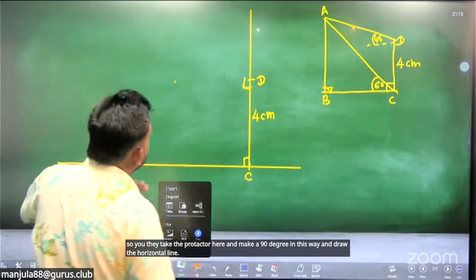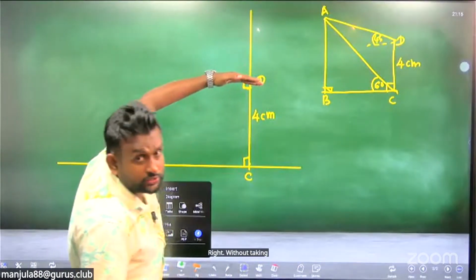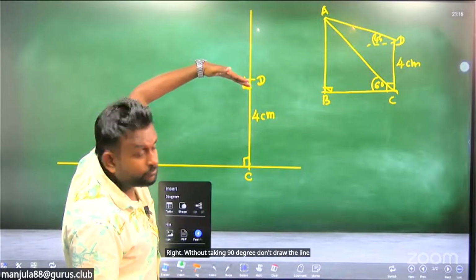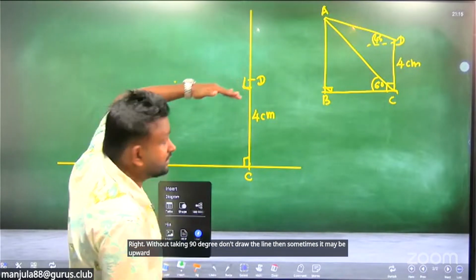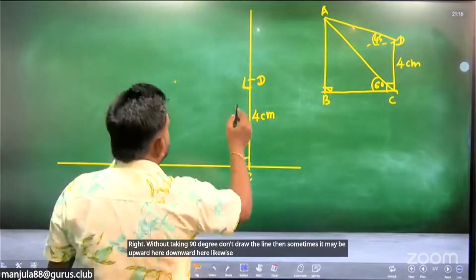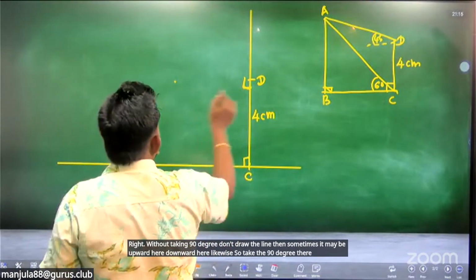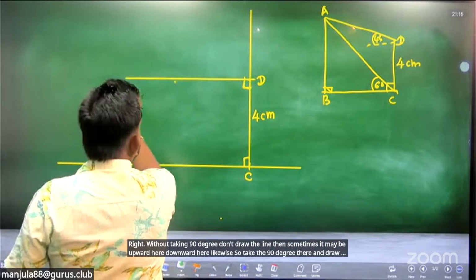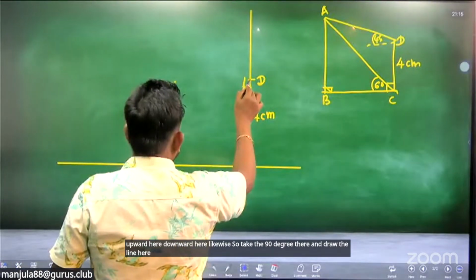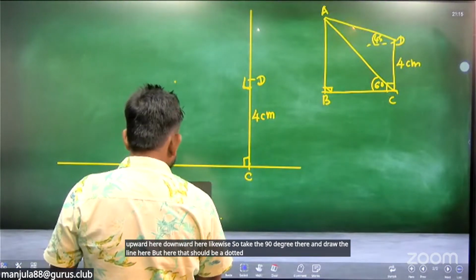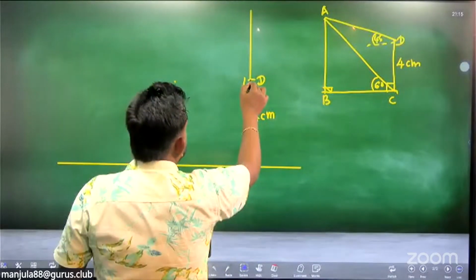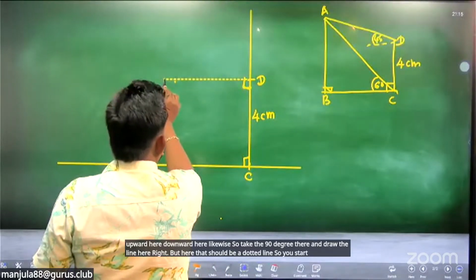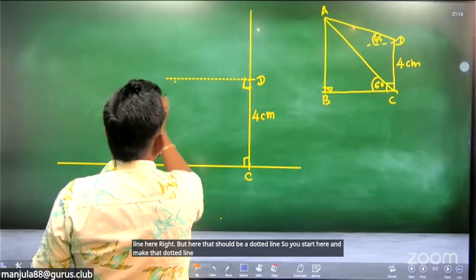Without taking 90 degrees, don't draw the line, because sometimes it may go upward or downward. Take the 90 degrees there and draw the line here. But this should be a dotted line, so you start here and make that dotted line parallel to this one.